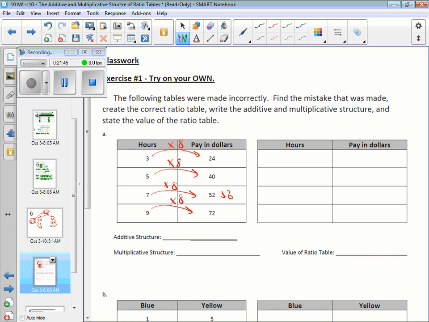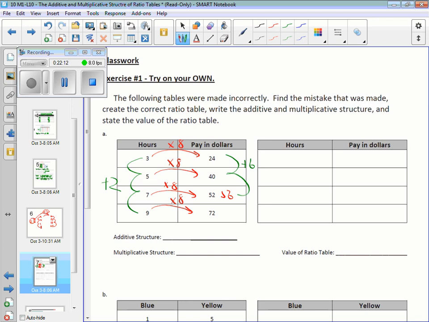Let's just make sure it works with additive structure. What are you adding by? Plus 2. What are you adding by? 16. It happens to be 16. If this 56 is correct, then 40 plus 16 should be 56.